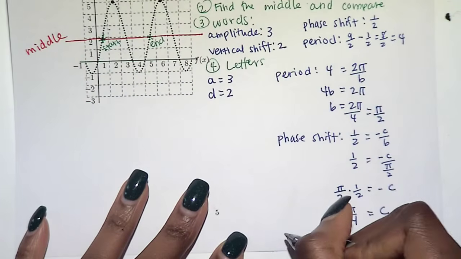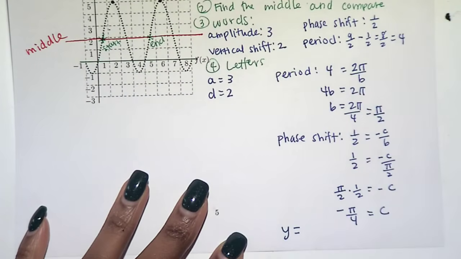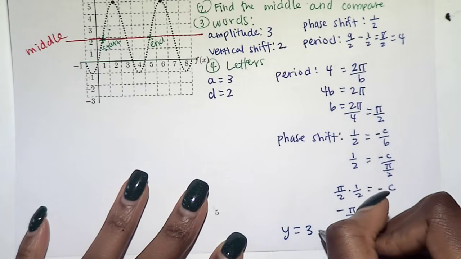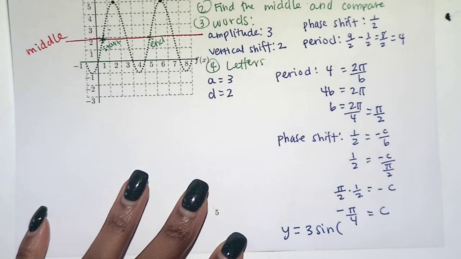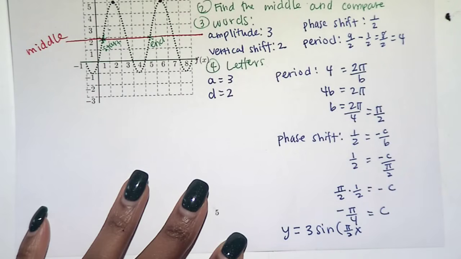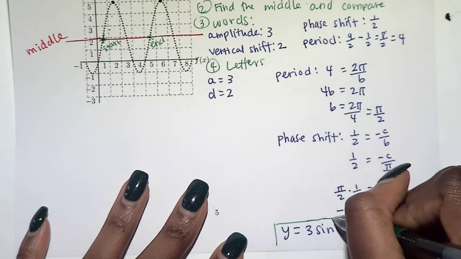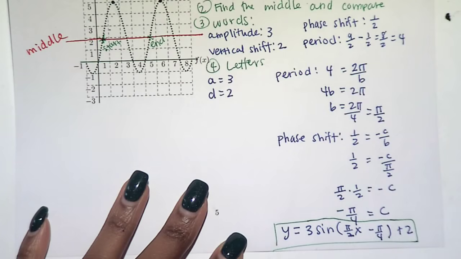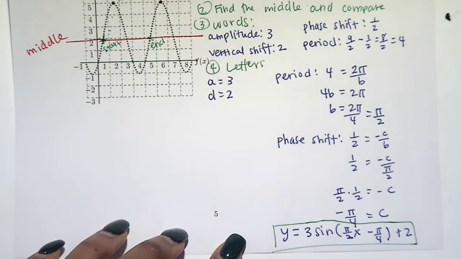So sine is y equals, our A is 3, sine of b is π/4, x, and then minus π/8, and then plus 2. And this is our sine graph.